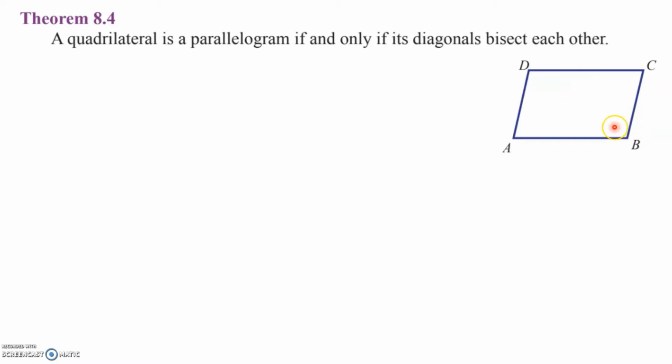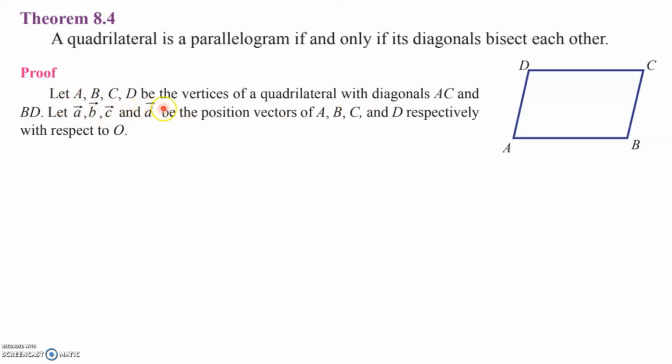We will do this in two ways. First, let's assume that it's a parallelogram, and we will prove that the diagonals bisect. In the second case, we will assume that the diagonals bisect, and from there we will prove that it's a parallelogram. Let's proceed.